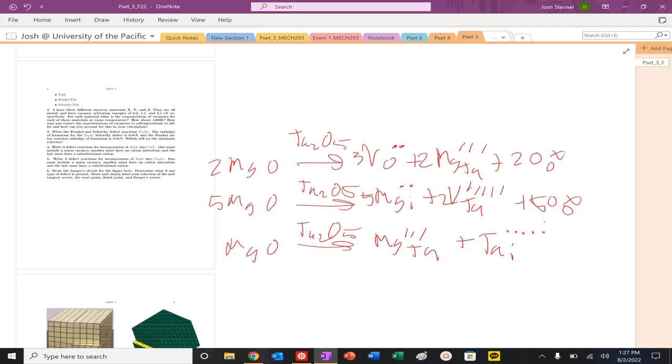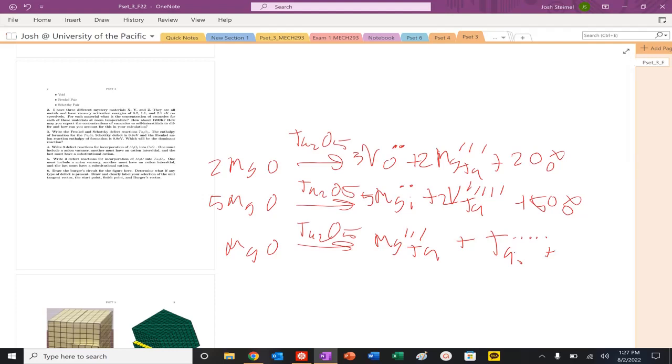So instead, why don't we stick with the Ta interstitial, 1, 2, 3, 4, 5. So that's a 5. So how about this? Plus a vacancy in oxygen will give me a couple more.